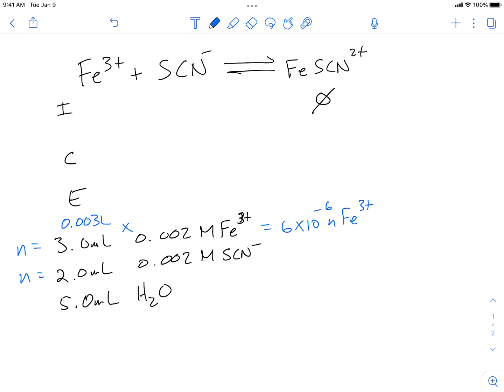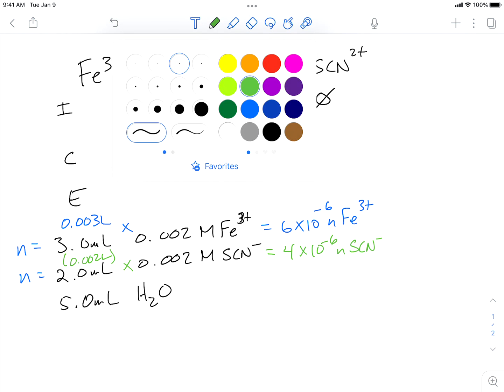Doing a similar thing for thiocyanate with 0.002 liters, we get 4 times 10 to the minus 6 moles of thiocyanate. So that's how many moles we had.